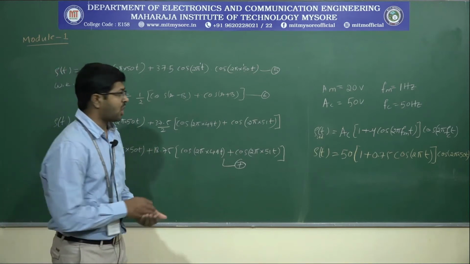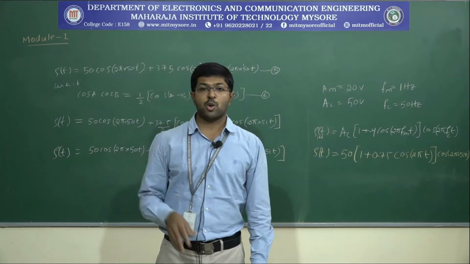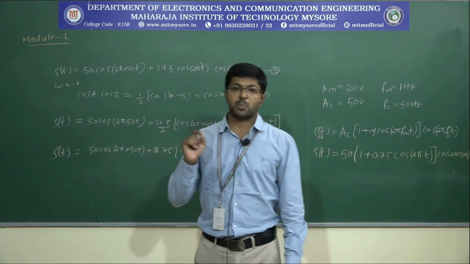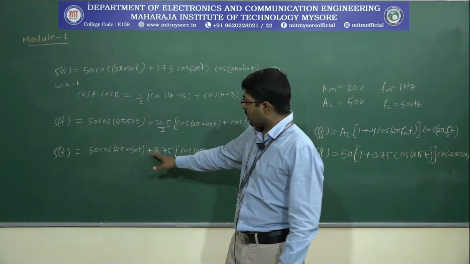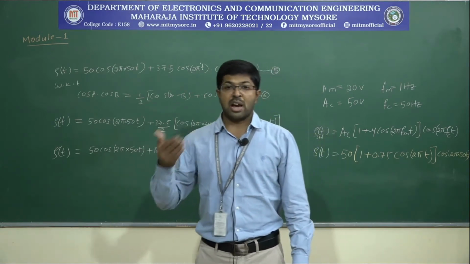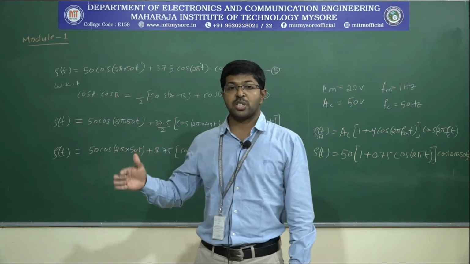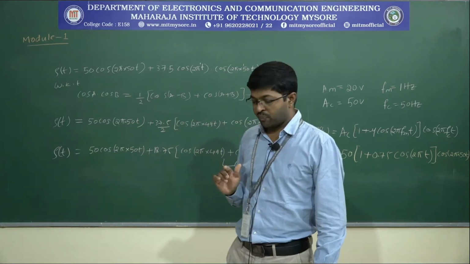Now in the second part, we have to calculate the frequency domain equation, because he has asked us to draw the spectrum of this S of t. So we have to convert this signal to the frequency domain, and thereby we get the magnitude and frequency values, and that we can represent in the form of a spectrum, the AM wave spectrum.